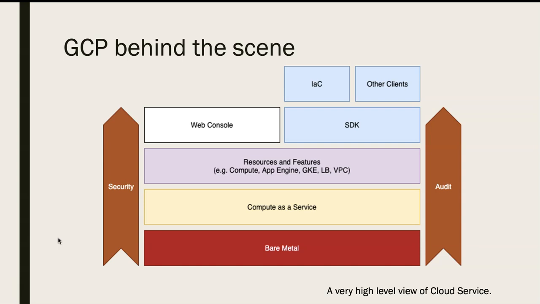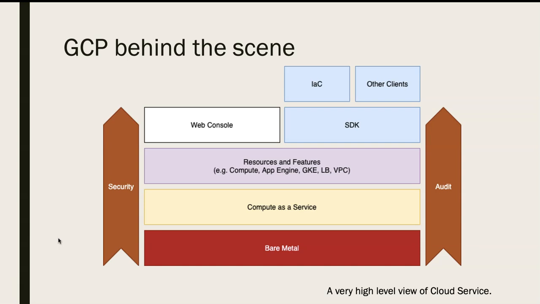There are also other clients which can use the SDK. For example, there's an SDK available for Python with GCP, and the gcloud command line also uses the SDK behind the scenes. So that's how GCP is structured from the bare metal upwards.